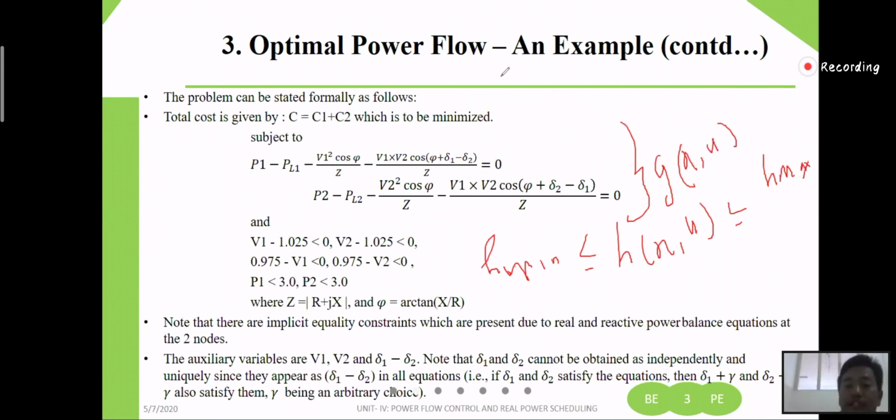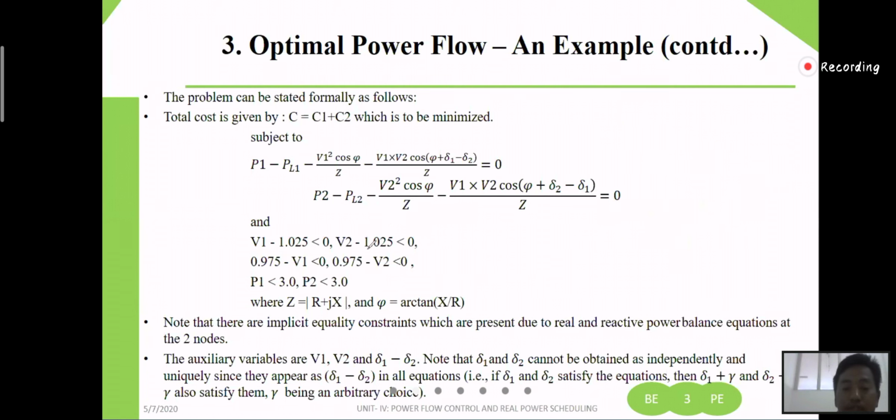In this, voltage is given, right? At both buses, the maximum is 1.02 and the minimum is 0.95. So that's why we have V1 minus 1.02, or actually V1 is less than 1.02 at the max, but when you take it to the other side, you will get minus and then less than 0.